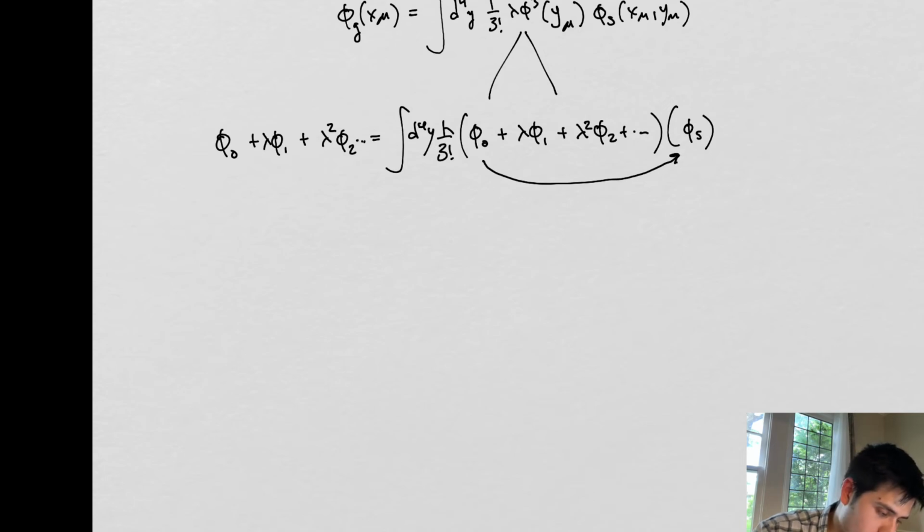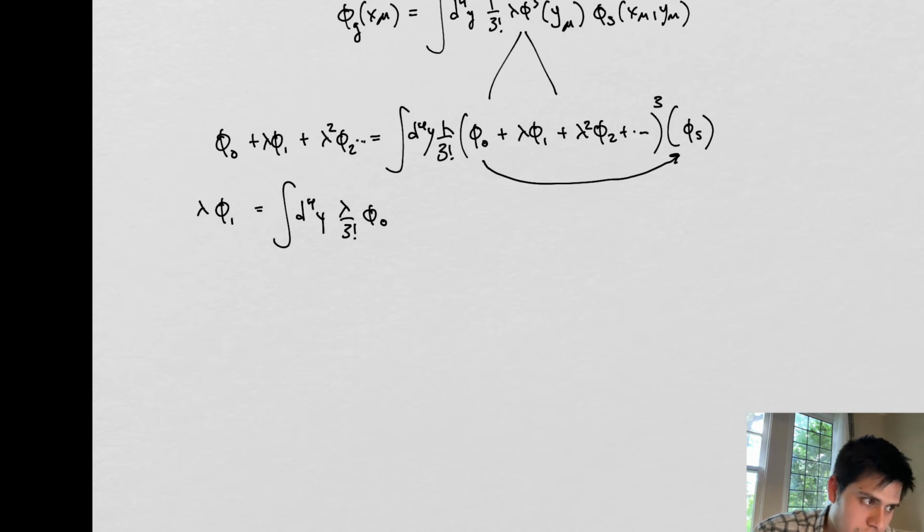So our phi 1 lambda 1 is going to be the integral of d4y, lambda over 3 pi.